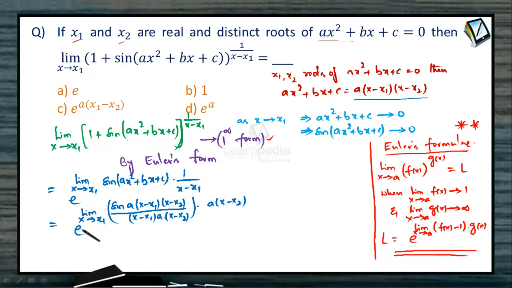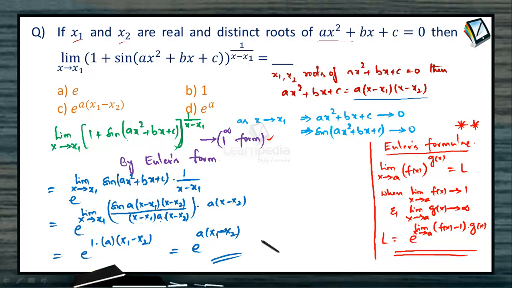As x tends to x1, x − x1 tends to 0, so the entire argument of the sine tends to 0. Then this is already in the standard form. Then it is the limit 1 into, as x tends to x1, x1 is in the domain of this function, so directly substitutable, a into (x1 − x2). So how much is this limit? e to the power of a times (x1 − x2) will be the limit.